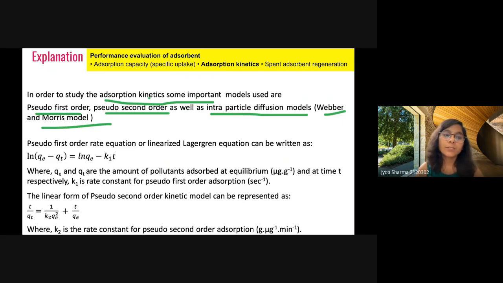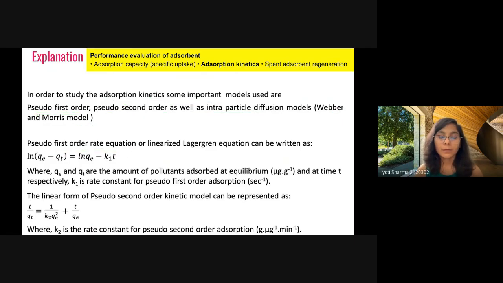And in the pseudo first order equation, we are assuming that this is directly proportional, right? Okay, so this is done, this is also done, right? Now we will have some questions on spent adsorbent regeneration also. Based on that, we can evaluate the performance of adsorbent.